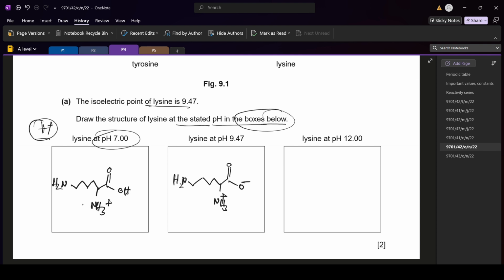Then you have this H plus. Okay, and then at last the pH at 12, you will have a negative charge, and then you will have an amine group. So these are your structures at pH of 7, 9.47 and 12.